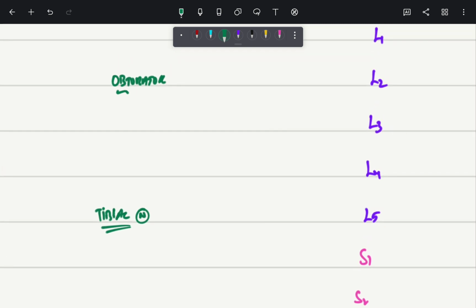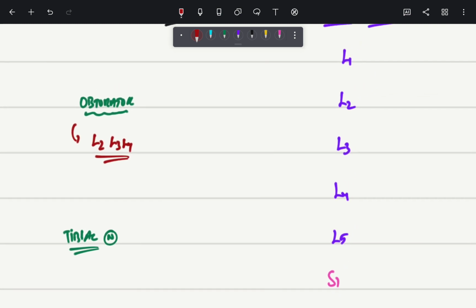The obturator nerve is usually derived from L2, L3 and L4. So as you can see here, L2, L3 and L4 will fuse together and form the obturator nerve.